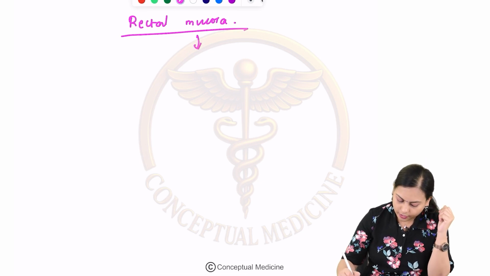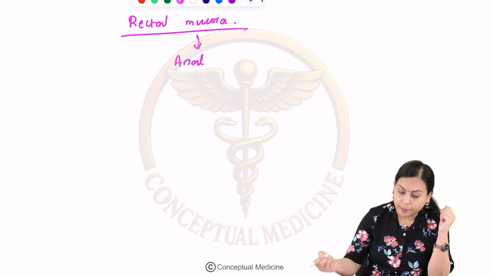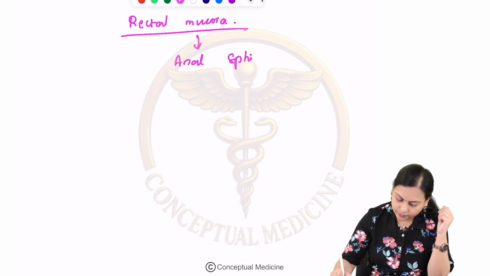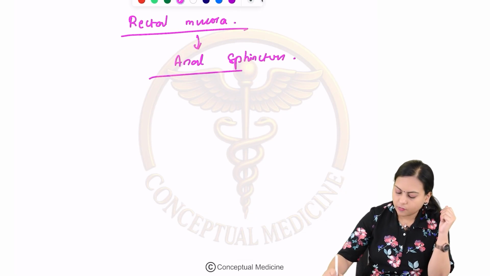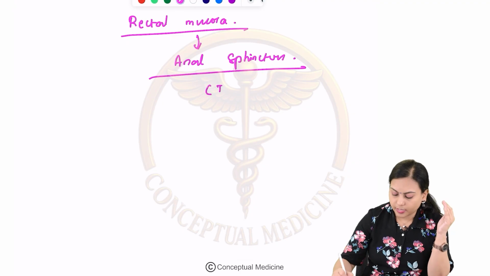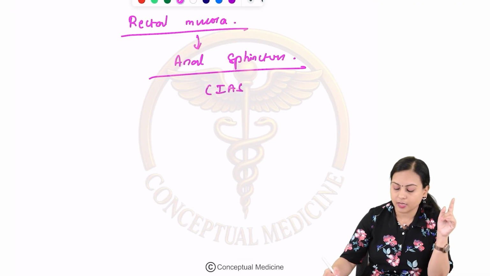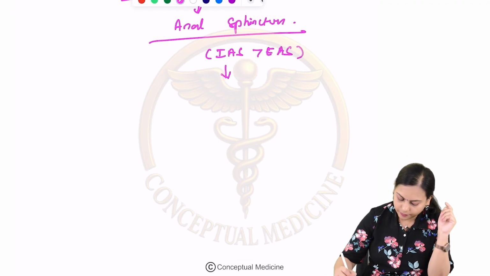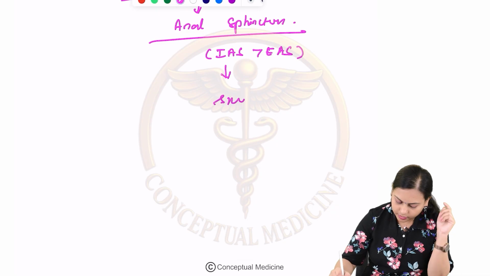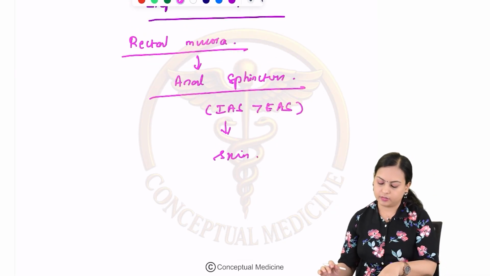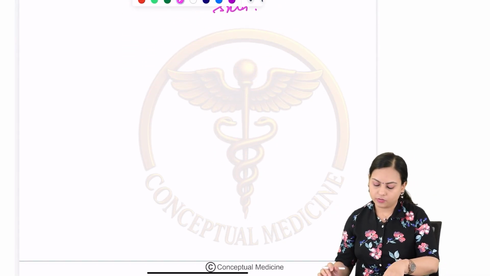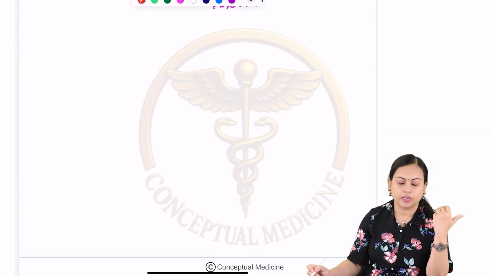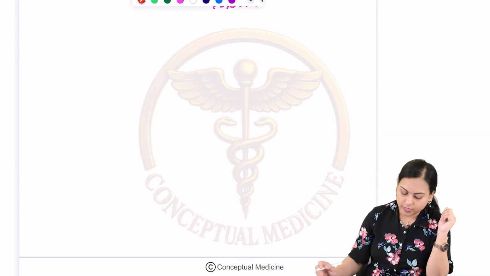Following this, you have to approximate the anal sphincters. While repairing the anal sphincters, remember internal anal sphincter repair should be followed by the external anal sphincter, right? And this will be followed by the repair of the skin. So, we have repaired the third and fourth degree perineal tears as well, right?